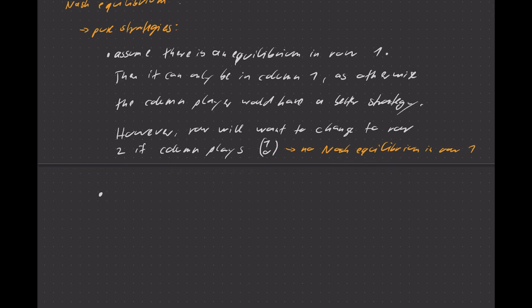Now let's do the same analysis for row 2. So there is no Nash equilibrium in row 1, so let's assume there is an equilibrium in row 2.